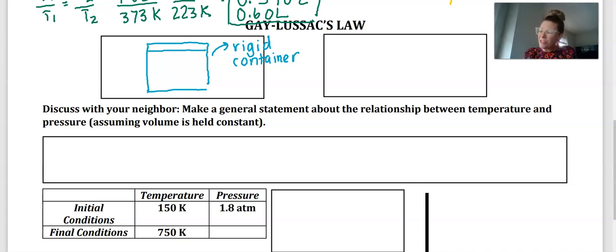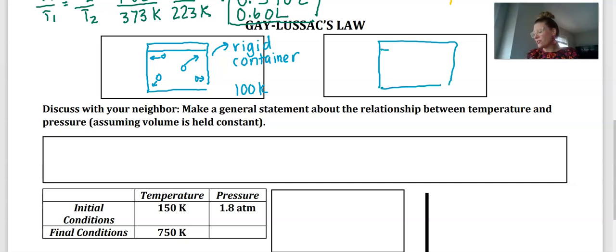Okay, so I have a rigid container here. Let's say I'm starting at 100 Kelvin. Think about what that means for the pressure being applied. Again, rigid container, size cannot change, though I probably did not draw that to scale. Okay, and we increase the temperature to, let's say, 300 Kelvin.